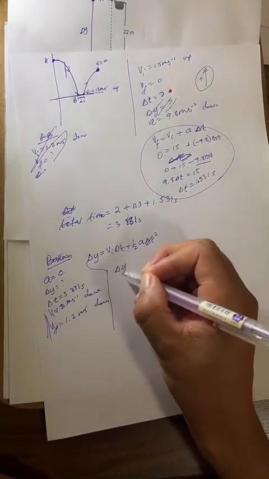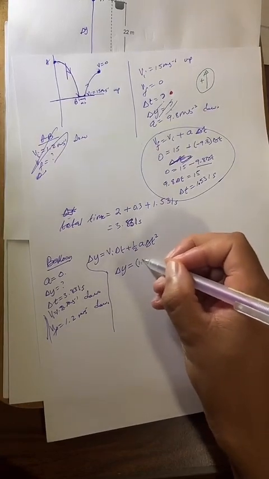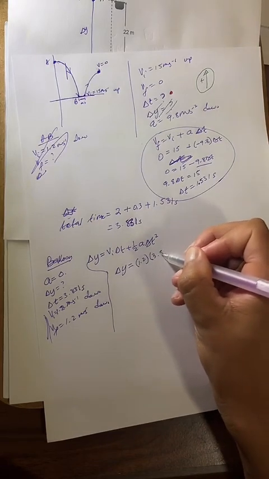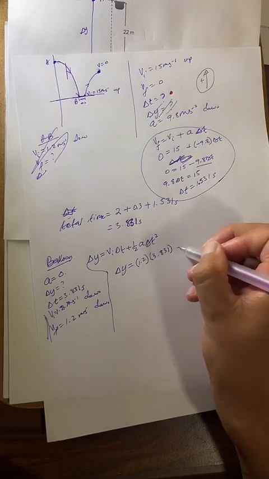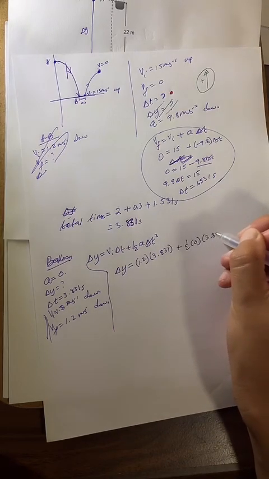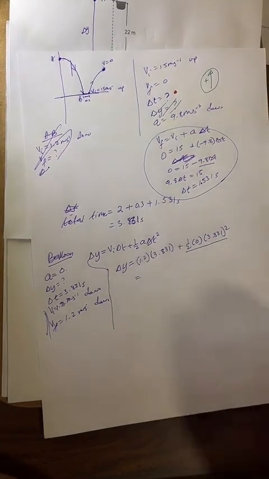So delta y, the distance the balloon would have traveled, equals the initial velocity 1.2 times the time for which it was in motion, 3.831, plus 1 over 2, acceleration is 0, times 3.831 squared. This part disappears and we're only left with this part.